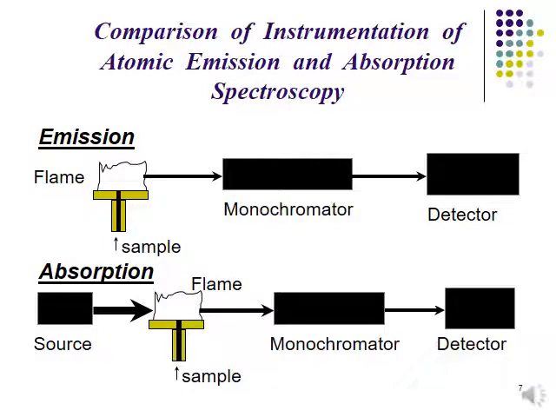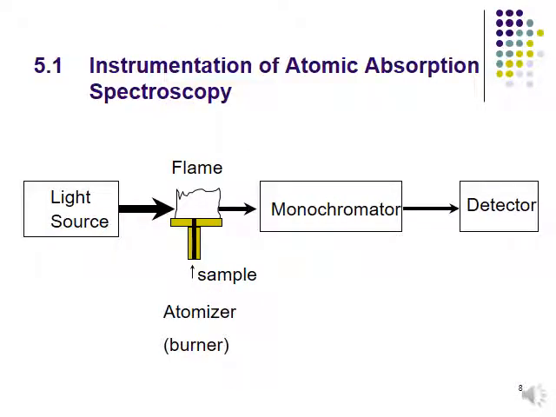So the difference is that in absorption, they require another source to give more energy towards the atoms, and then you can see the signal very clearly after passing through. Next, this is the schematic arrangement for the AAS.